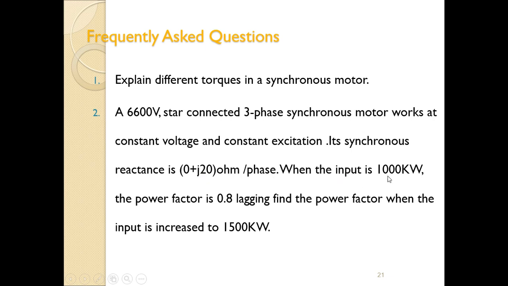When the input is 1000 kilowatts, the power factor is 0.8 lagging. Find the power factor when the input is increased to 1500 kilowatts. We did this problem just now. Practice that one. If you have any doubt, ask me in the next class.